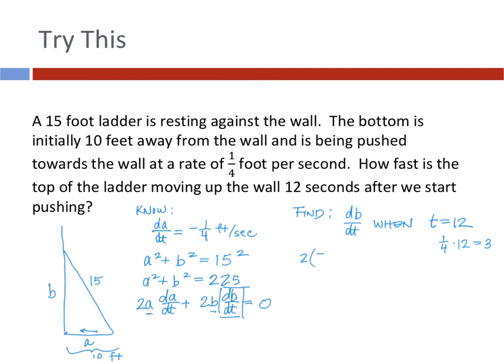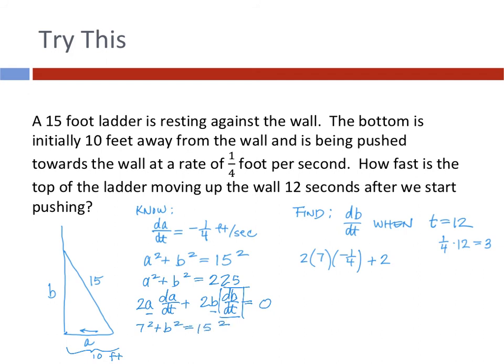Okay, so we can plug that in. So 2, and this is going to be 7. We know that dA over dt is negative 1/4. So we still need our B value. And how are we going to find our B value? Well, we can use our Pythagorean relationship, right? We know that A is going to be 7 at that point. So we have 7 squared plus B squared equals 15 squared.